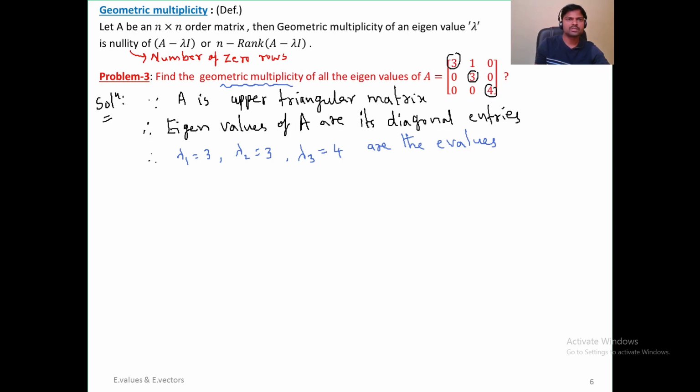The geometric multiplicity of an eigenvalue lambda is nothing but the nullity of A minus lambda I, or n minus the rank of A minus lambda I. First, for the eigenvalue 3, I want the geometric multiplicity.